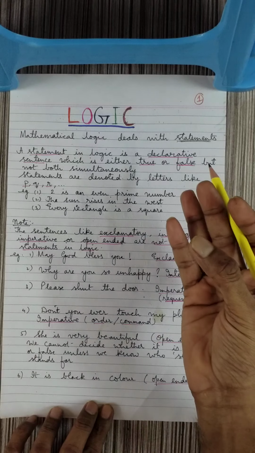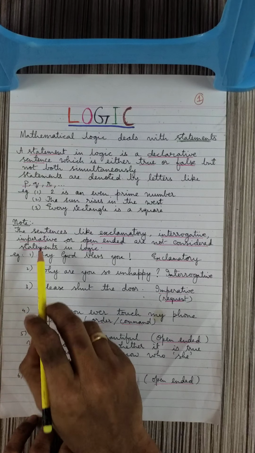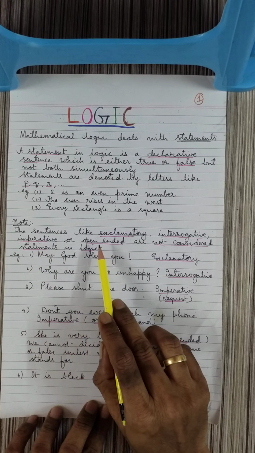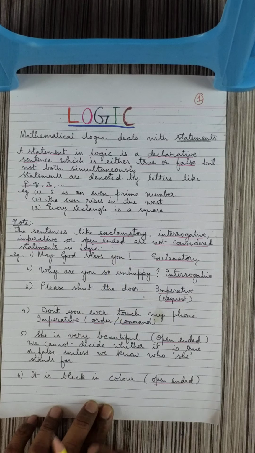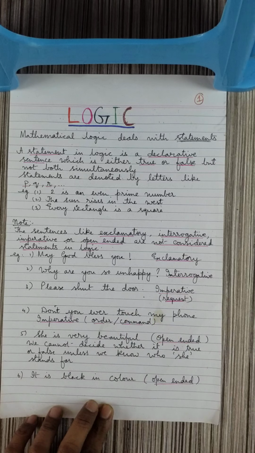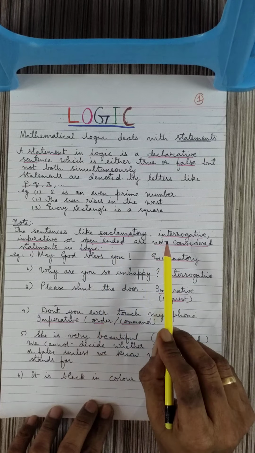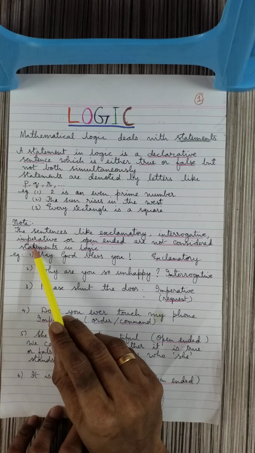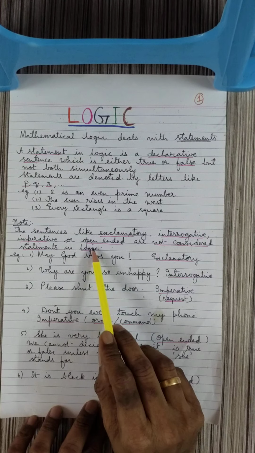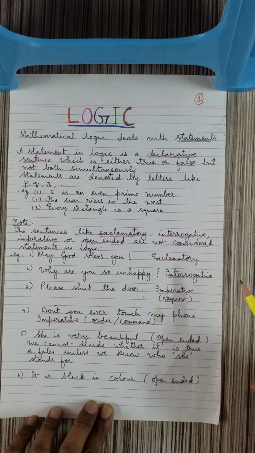Like you are ordering someone to do anything, you are commanding someone, you are requesting someone, then it is an imperative sentence. An open-ended sentence is where something is missing, where you cannot decide whether it is true or false. So that means exclamatory sentences, interrogative sentences, imperative sentences or open-ended sentences are not considered to be statements in logic.